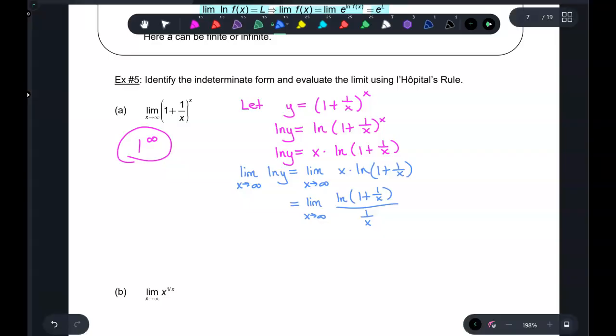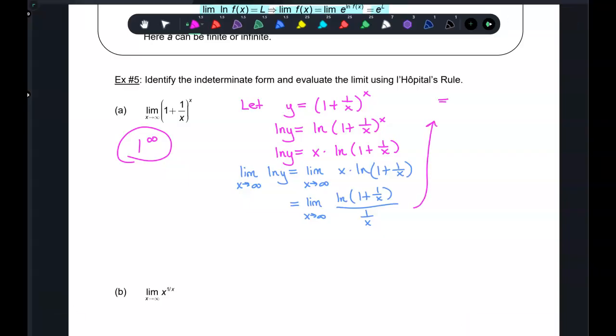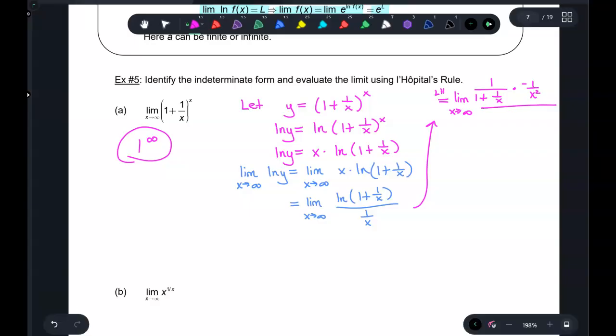So now it's going to be 1 over 1 plus 1 over x, times negative 1 over x squared, over negative 1 over x squared.